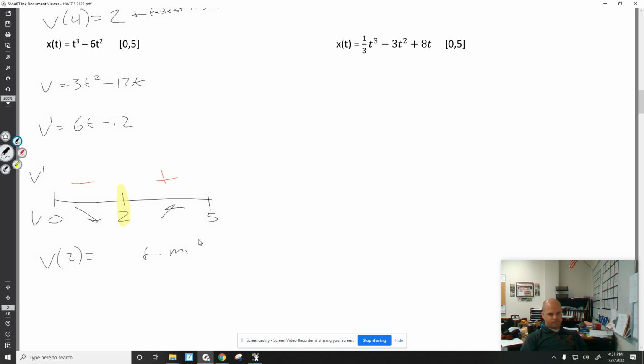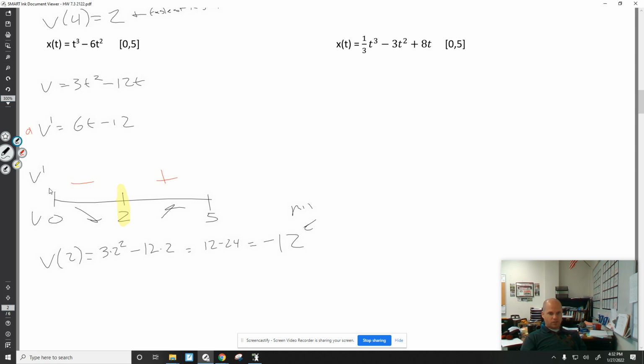I knew something was wrong. V of 2 is 3 times 2 squared, which is 3 times 4. And then minus, this is A, minus 12 times 2, which is 24. So I get 12 minus 24, which is negative 12. Boom. Fastest left, min velocity.